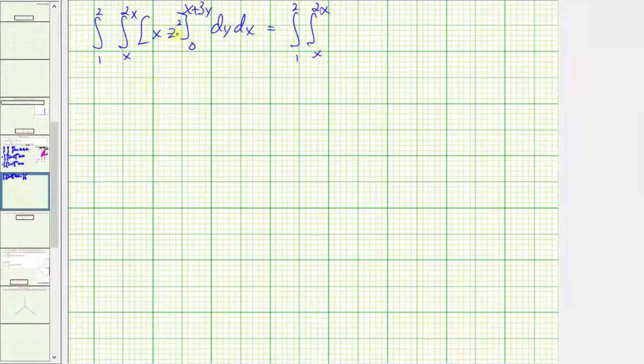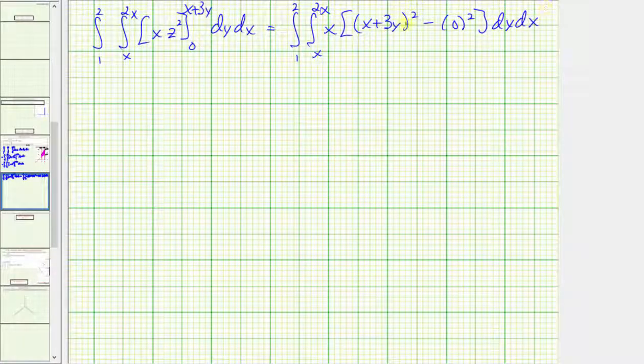Now remember, we're performing substitution just for z, so we're going to have x times the quantity, when z is equal to x plus 3y, we're going to have the quantity x plus 3y squared, minus when z is 0, we just have 0 squared. So simplifying, let's go ahead and square the quantity x plus 3y.